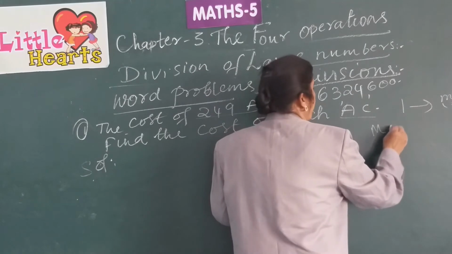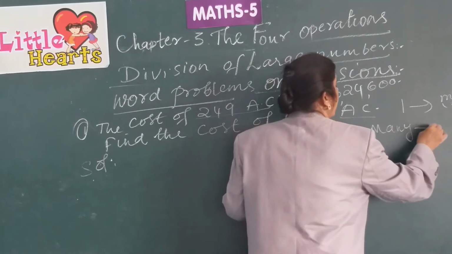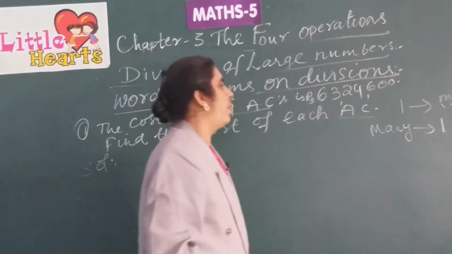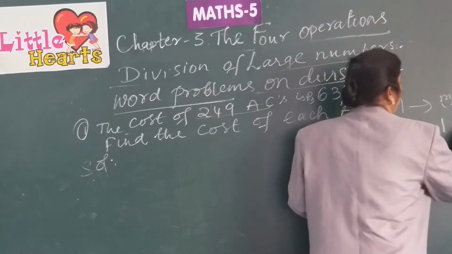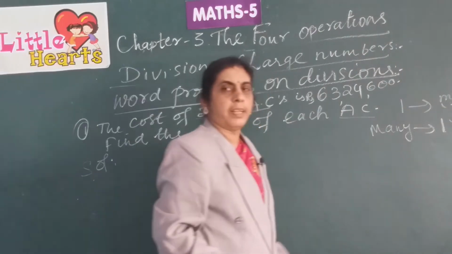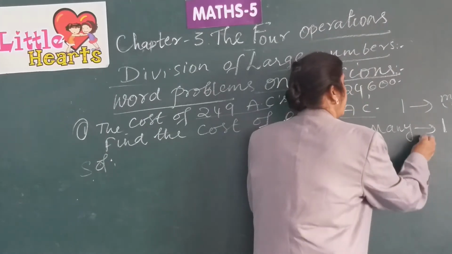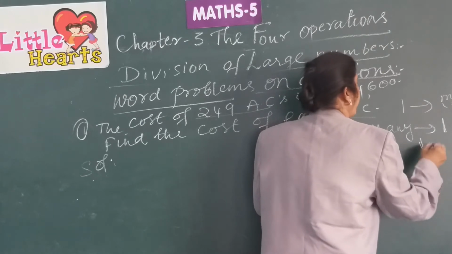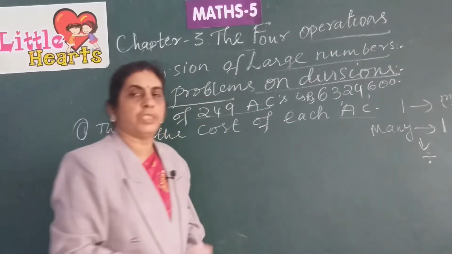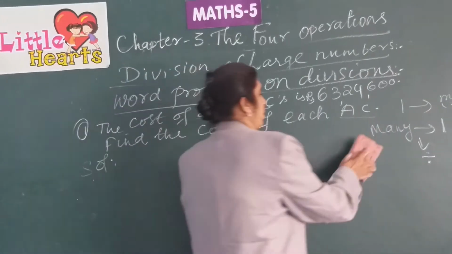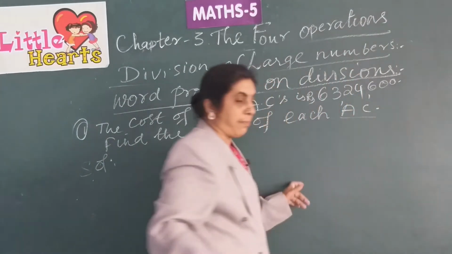And many to one, here the cost of many air conditioners is given, and you have to find the cost of one, then it is division. Remember that many to one is division and one to many is multiplication.